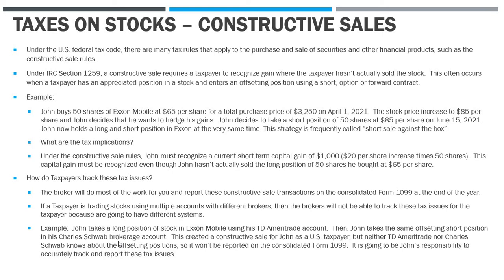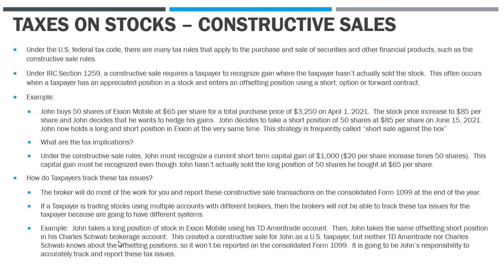He's the holder. But neither TD Ameritrade nor Charles Schwab are going to know about these offsetting positions, right? TD Ameritrade isn't going to know that he's long Exxon on their account, and then he entered a short in his Schwab account. So this information won't be reported on the 1099.